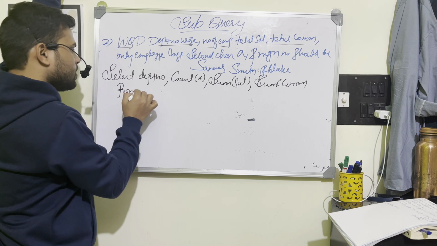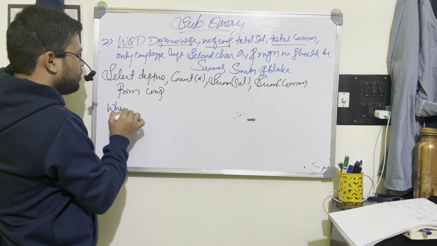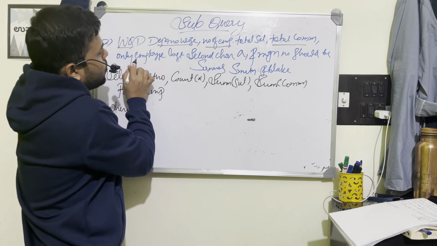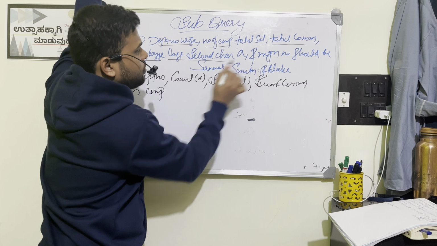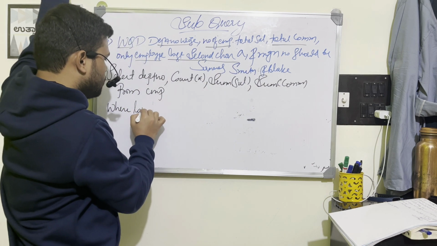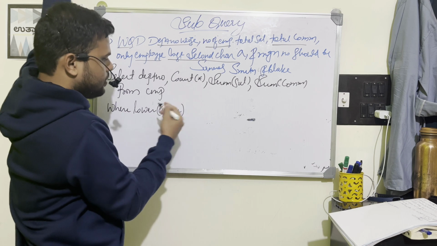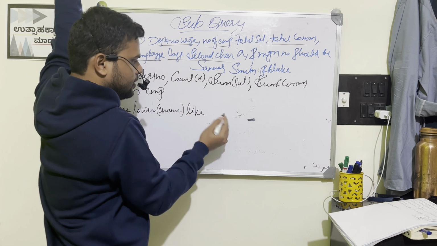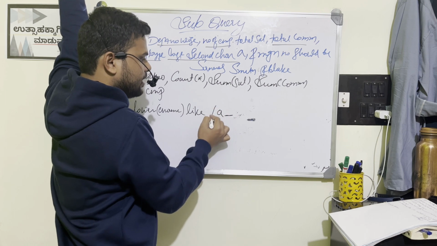From EMP, where first condition they said only employee name last second character should be A. Lower of ename like, we know last character, first character, second character, last second character should be A.